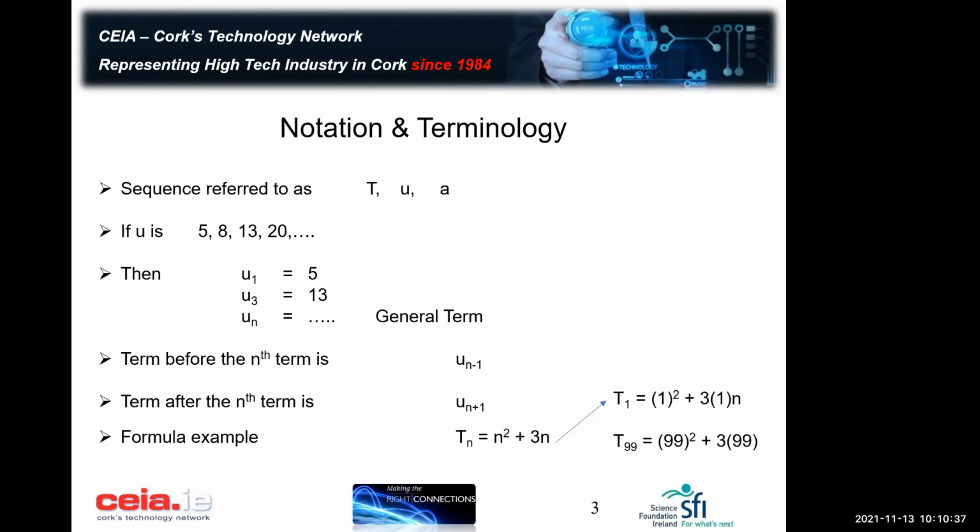Same for T99. That's the 99th item in the sequence, and we want to know what it is. So you put in 99 squared plus 3 times 99, and that gives you the value of the 99th item.